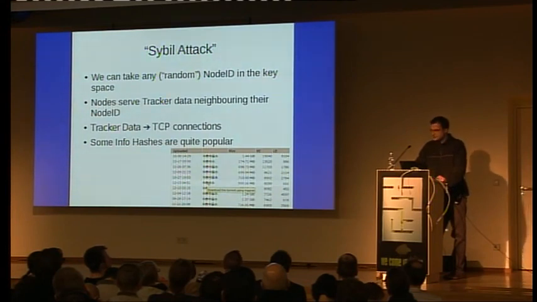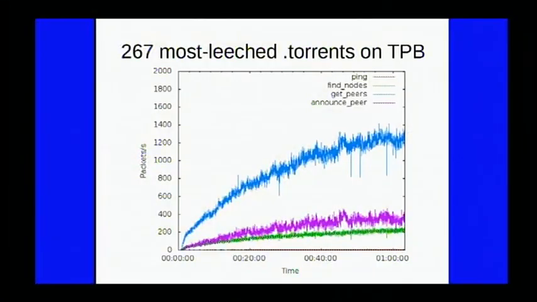This gets a much more controlled approach than the first attack. This, for example, is the DHT traffic for a node that has communicated with other DHT nodes as the 267 most leached torrents on Pirate Bay.